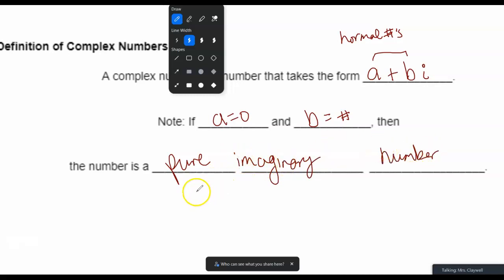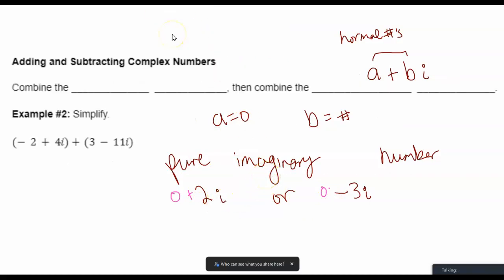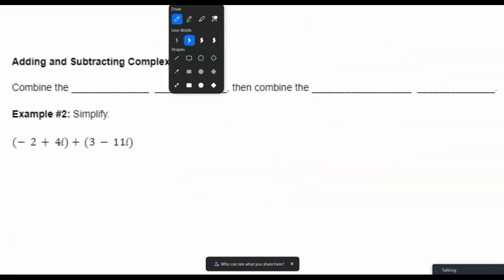This could look like 2i or like -3i. All of these have an invisible 0 in the front, so that's what they mean by saying a is 0. So if we just have a normal number that's just an i, it's a pure imaginary number.